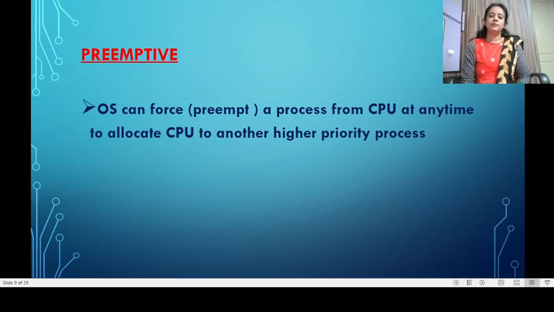For example, if process P1 is executing by the CPU, and at the same time another higher priority process P2 comes into the ready queue, at that time the operating system will forcefully preempt P1 from the CPU and allocate process P2 to execute by the CPU. Means whenever a higher priority process comes into the ready queue, whichever process is executing will be forcefully preempted from the CPU to give a chance to another process to execute.